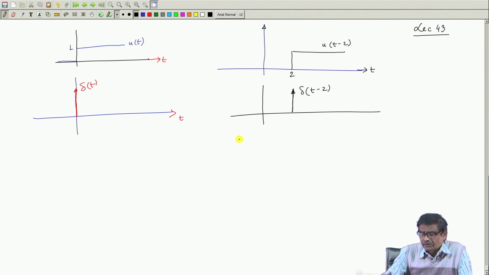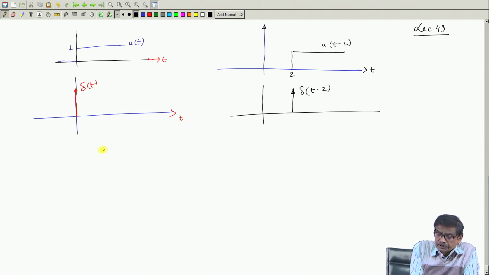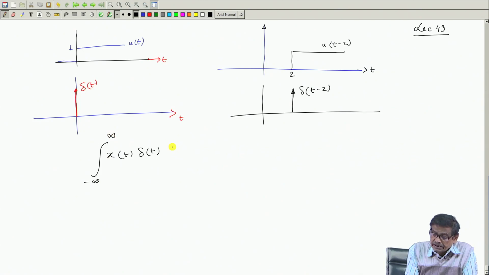There are several interesting properties. If needed for some problems, I will go into that further, but one property I told you is that if you multiply x(t) with delta(t) and integrate from minus infinity to infinity, it is going to give you the value of x(0). Wherever this delta function is situated, at t equal to 0, that value of time gives the value of x.